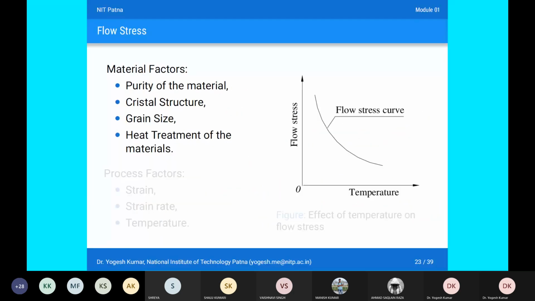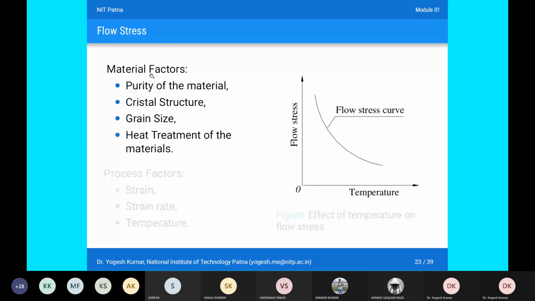Then, how is this flow stress sigma affected? Because the metal flow depends on your flow stress. So what are the factors which affect your flow stress, that we will try to understand here.